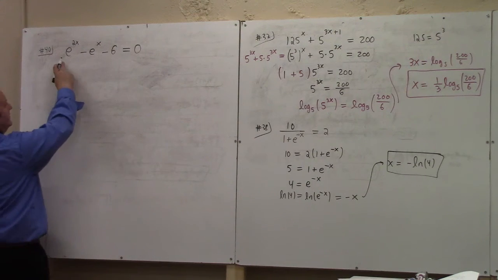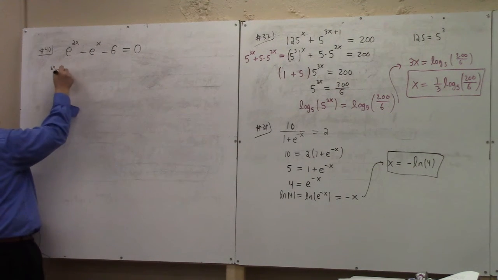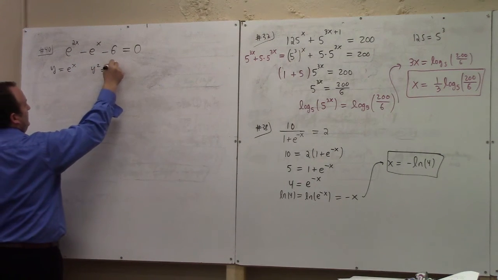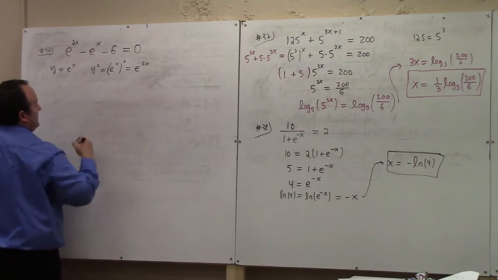So here, you try whatever you want, but you will not be able to isolate the exponential. This one, you have to be sneakier. What you do is you let y equal e to the x. Then y squared is e to the x squared, which is, by laws of exponents, e to the 2x.